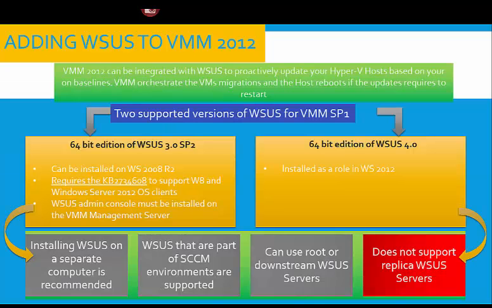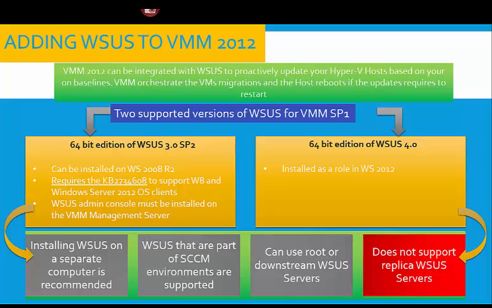To use WSUS, we can use it with Windows 2012 or an earlier version such as Windows 2008. It's the same configuration as we use for WSUS, but installing it on a separate computer is the preferred method. But WSUS is part of the environments that are supported, and you need to have the WSUS console installed on the VMM machine.